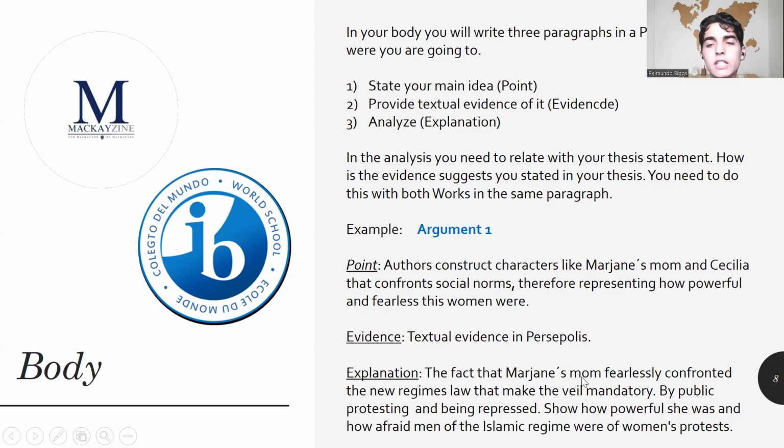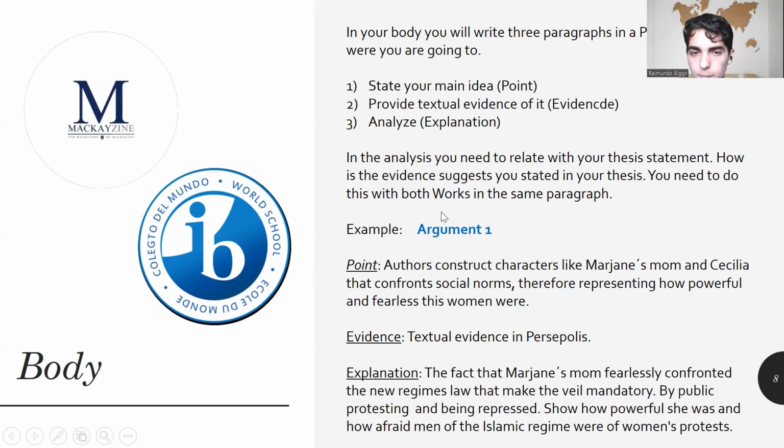The fact that Marjan's mom fiercely confronted the new regime law that makes the veil mandatory by publicly protesting it and being repressed shows how powerful she was and how afraid the men of the Islamic Republic were of these women's protest. And that, of course, is what the author wanted to represent through the construction of this character. And you do those explanations.